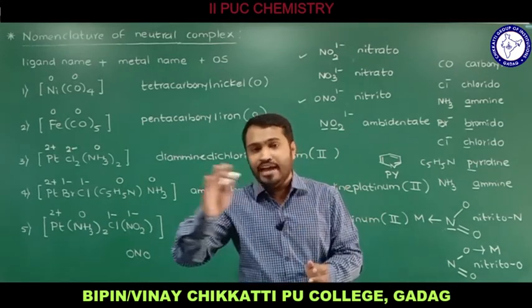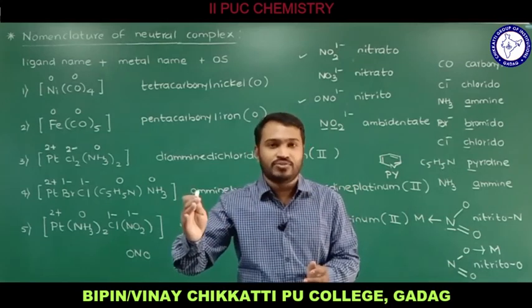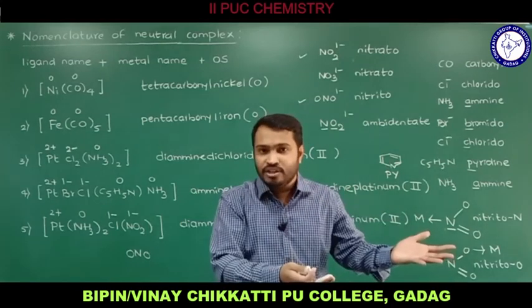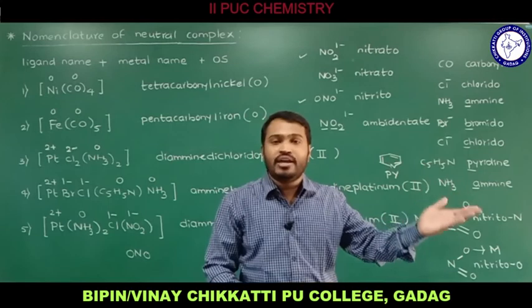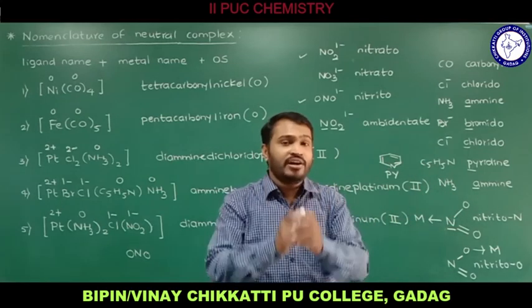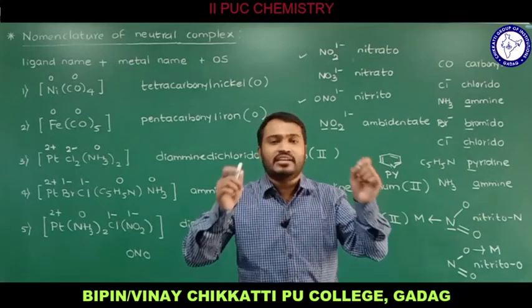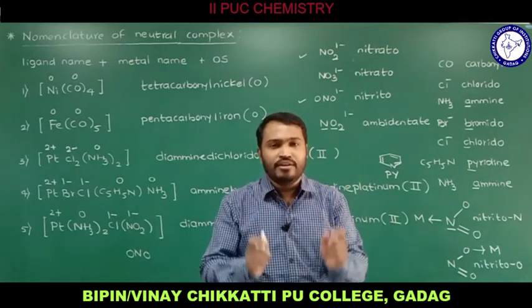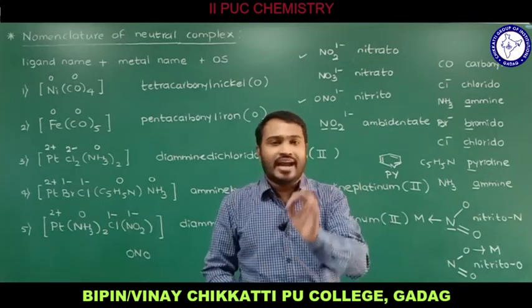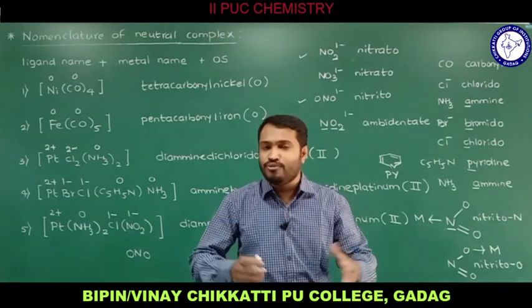Some anions we have, some positively charged ions we have, and bidentate ligands we have, such as oxalato and ethane-1,2-diamine. We have one polydentate, in particular hexadentate, EDTA. All these names and symbols you need to remember, so that we will be quite good at writing the IUPAC nomenclature of coordination compounds.